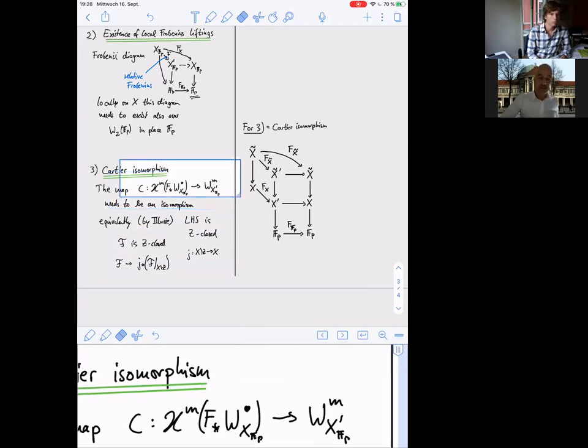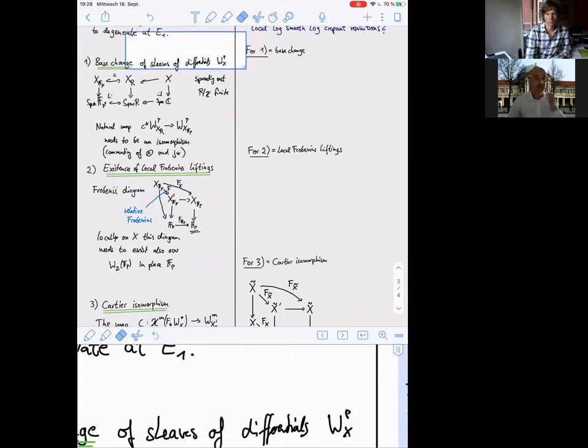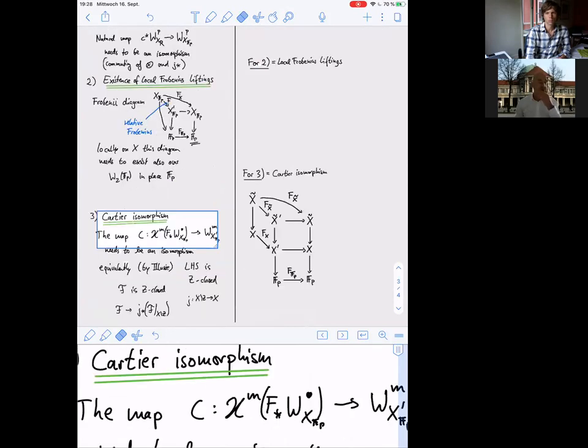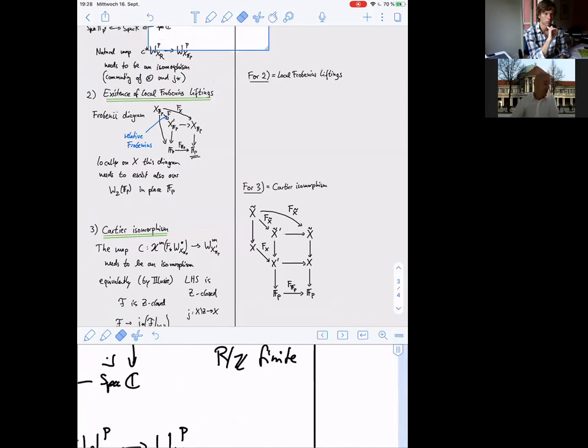But that's enough. Once we have these three ingredients, you know that the Hodge-de Rham spectral sequence degenerates, by general machinery, by the proof of Illusie essentially. So let me finish my talk by telling you how you can actually get those three ingredients. First, the base change.